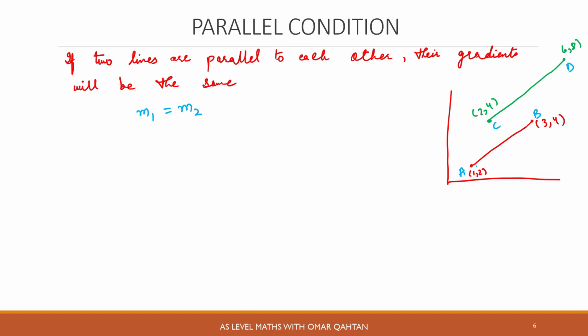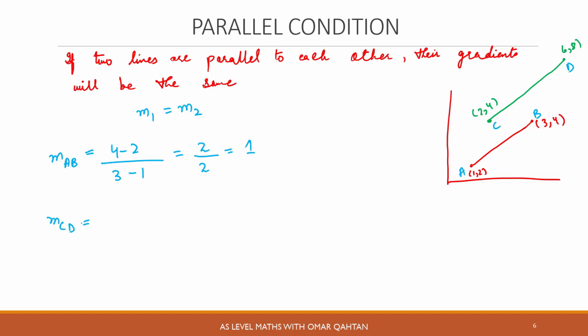So let's find out. M of AB is equal to 4 minus 2 upon 3 minus 1, which is 2 upon 2, equal to 1. Let's find the gradient for C and D also.